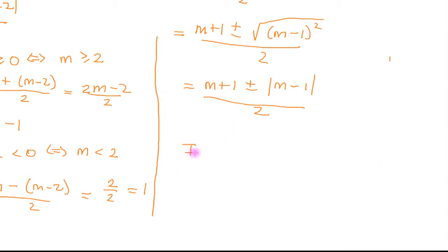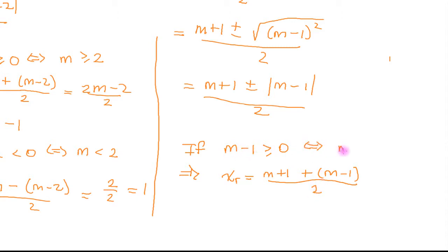If m minus 1 is greater than or equal to 0, this implies that x root is equal to m plus 1 plus m minus 1. And m minus 1 greater than or equal to 0 is equivalent to saying m is greater than or equal to 1.